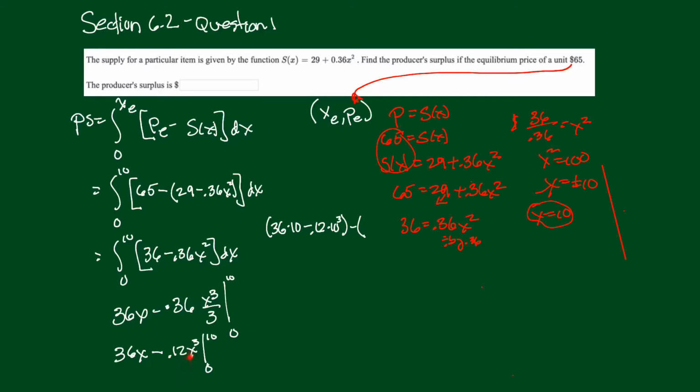So they all evaluate to 0. So this is just a 0 here. And then we're just left to evaluate this. And when I make that computation, I got 240. Right, so we're going to say that the producer's surplus here, in this case, is $240.